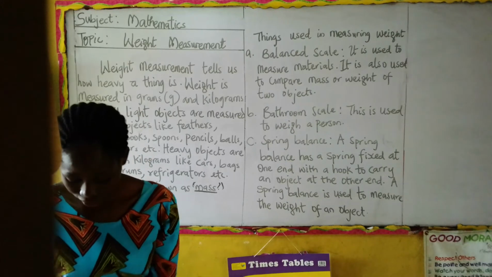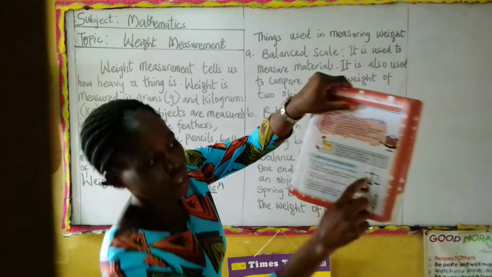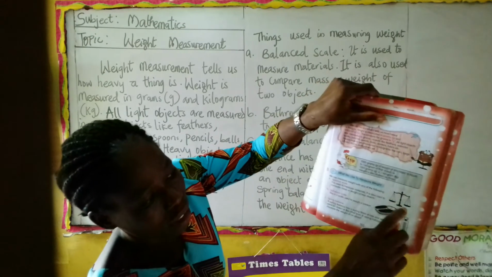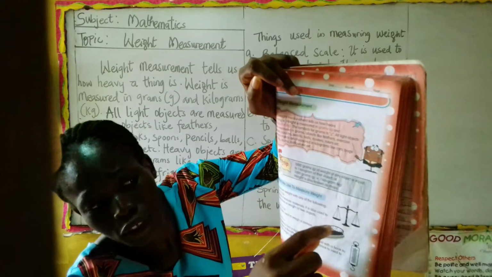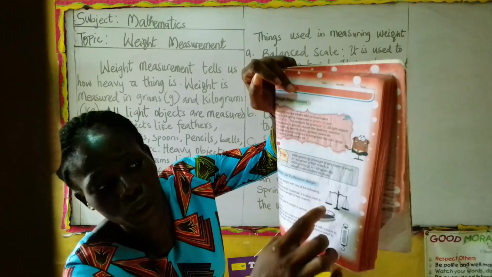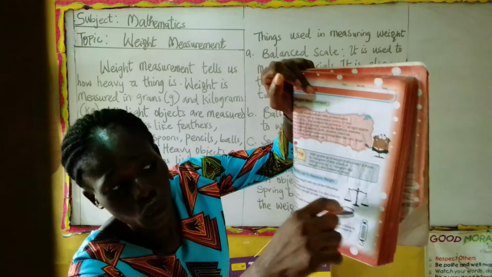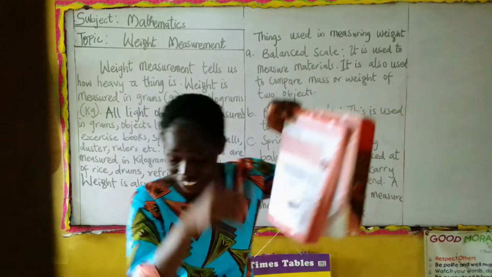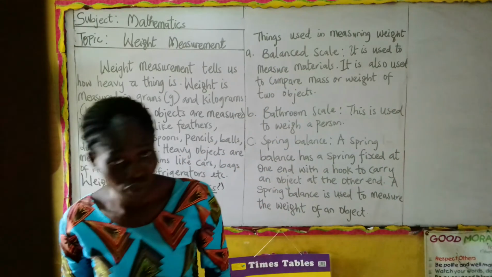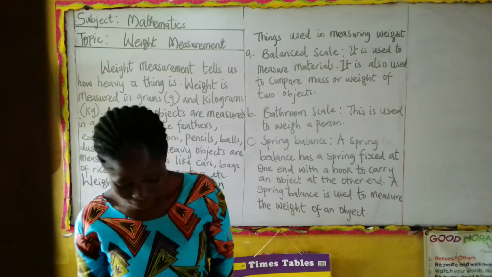You can see this place and this other pan here. Any objects are laid on it. So if one is heavier than the other, the one that is very heavy will go down while the one that is light will go up. Do you understand? Do you get it? Are you confused?